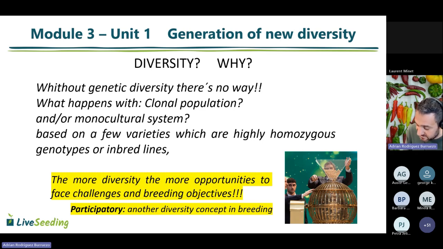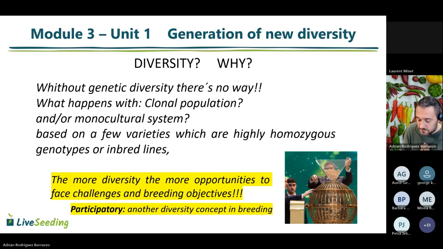Because, particularly in organic breeding and this context of promoting diversity, participatory breeding provides a conceptual diversity, the diverse points of view from these different actors.